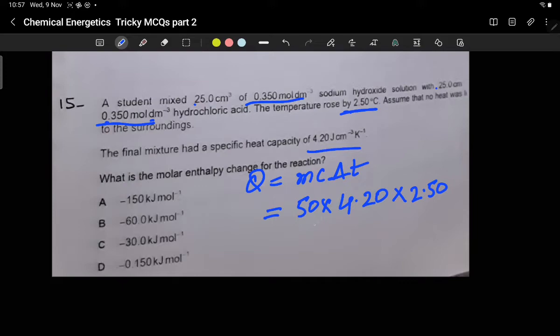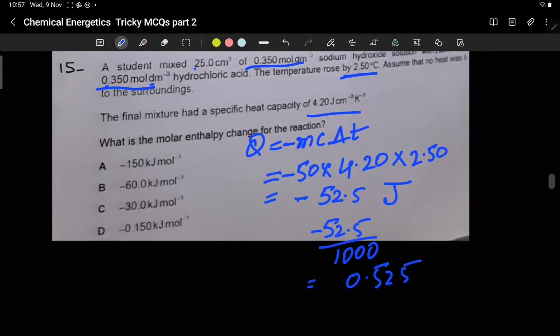So this is equal to 52.5, and mc delta T is minus. This is equal to minus 52.5 joule. Now convert into kilojoule: 52.5 divided by 1000, so this is equal to 0.525.